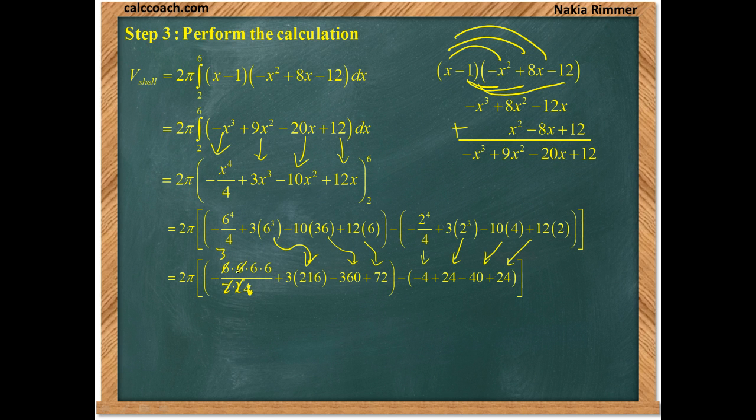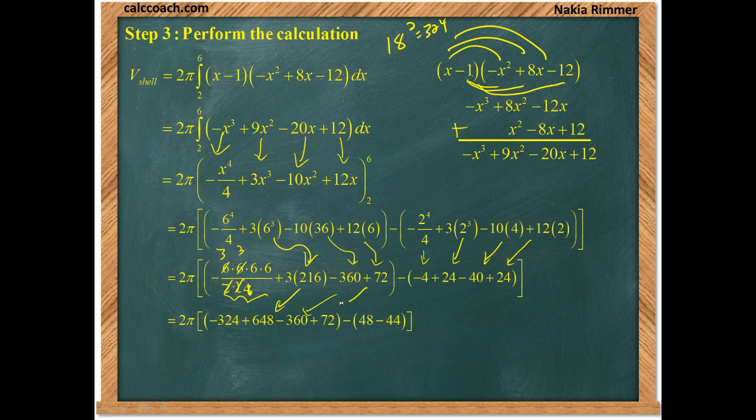This 2 would turn this one into a 3. We have 3 times 3 times 6 times 6. Another way to think about it would be, it's like having 18 squared. And 18 squared is 324. You don't have to have that memorized. If you need to multiply it out, then you multiply it out. But there's this negative. Don't forget about that negative. So we have 324. If you triple 216, think about it as tripling 16, and then you get 48, and then tripling 200, and you get 648.